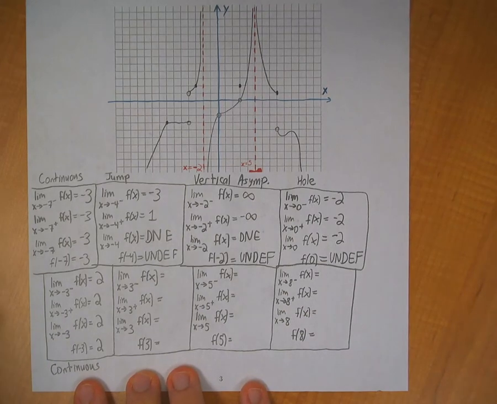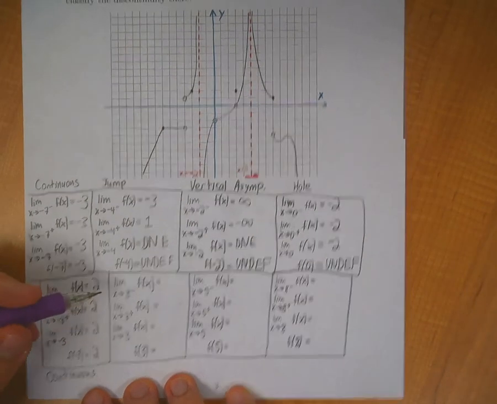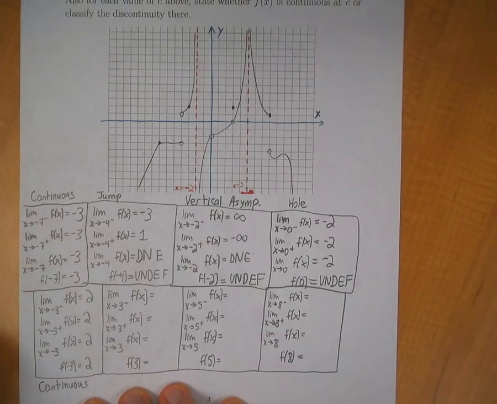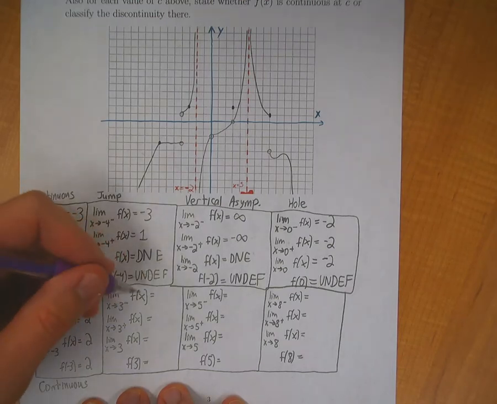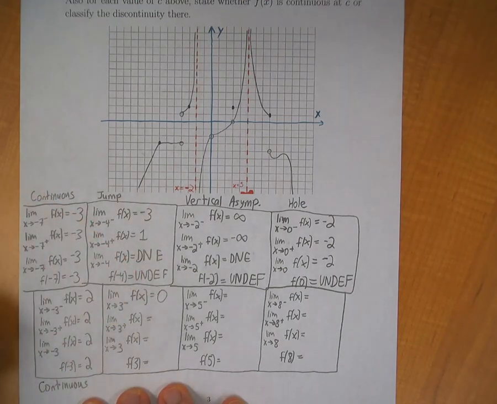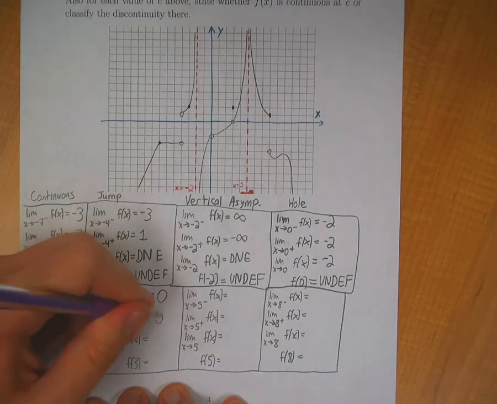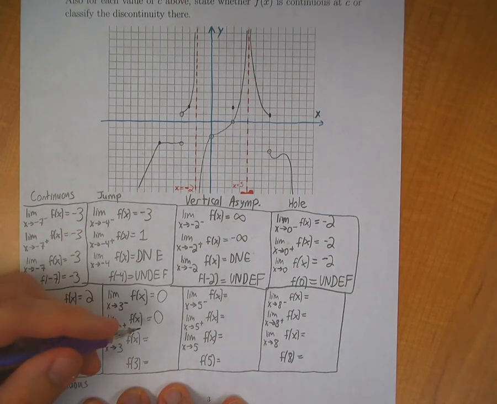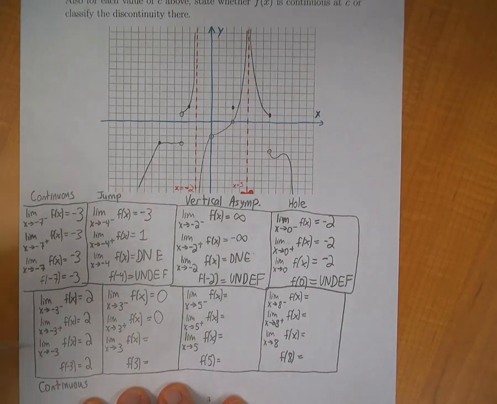All right, now let's do the same thing for +3. Let's pick on someone from the second row. Left side limit will be? It would be 0, good. Right side limit? 0. Two-sided limit? 0.